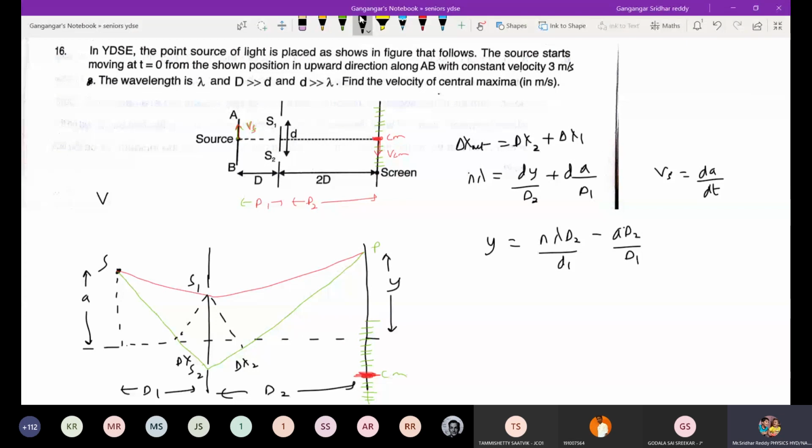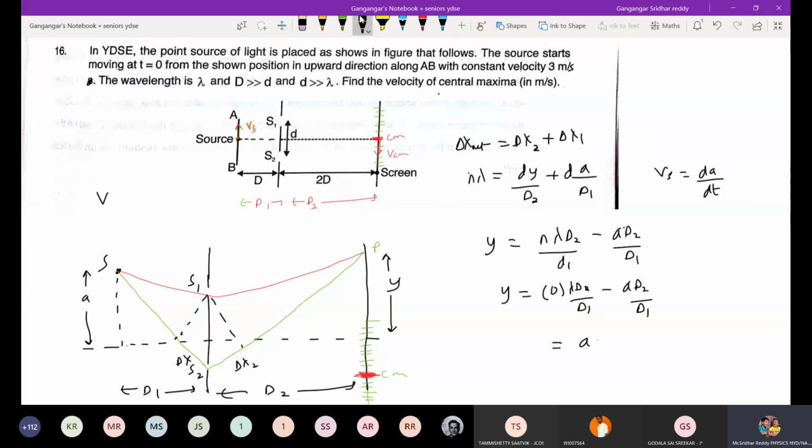The velocity of the source. So what about the quantities n, lambda, d2, d1? They are constants. For central maxima, put n equal to 0. So y equals lambda D d2 by d1 minus a d2 by d1.